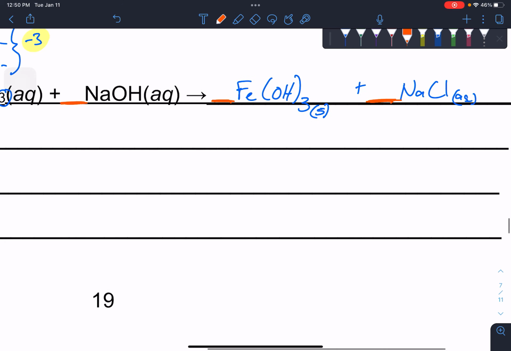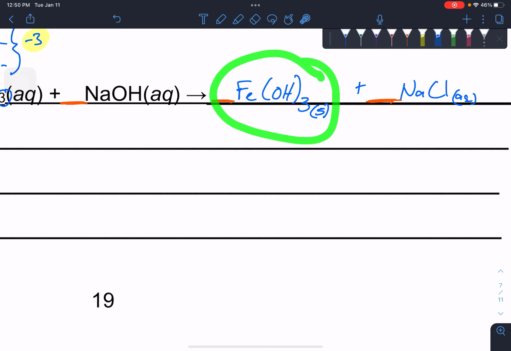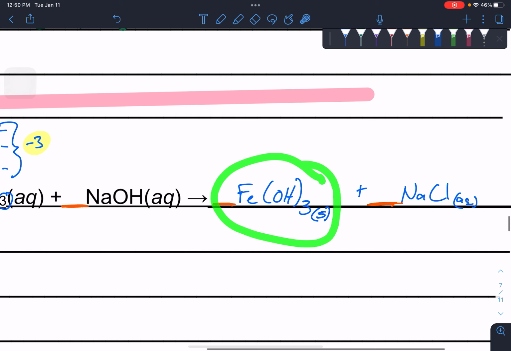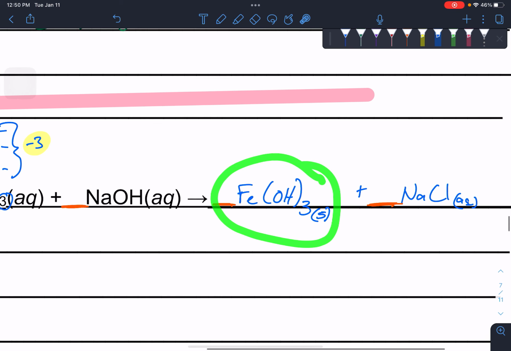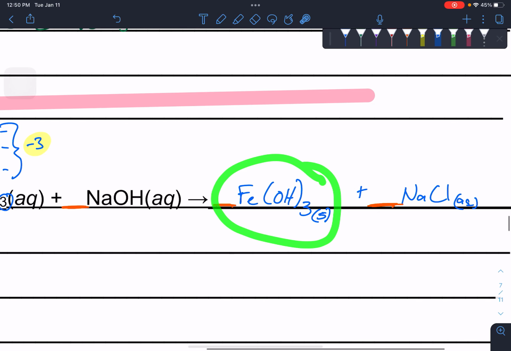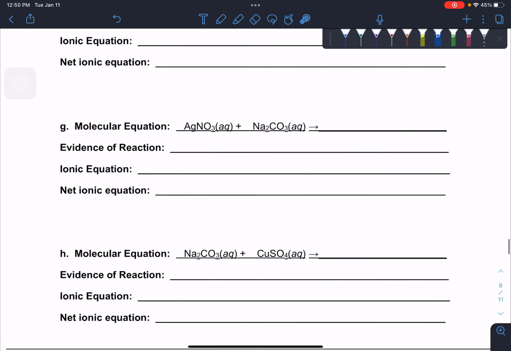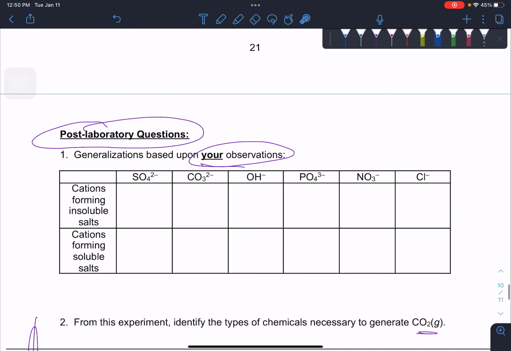But the reason I share this with you is because I want to fill in a little bit of that chart on the first question on the post lab. Okay? So these are my observations that I'm seeing in the experiment. That's what I want to stick with when I fill out this chart. I'm focusing on the hydroxide for just a second.